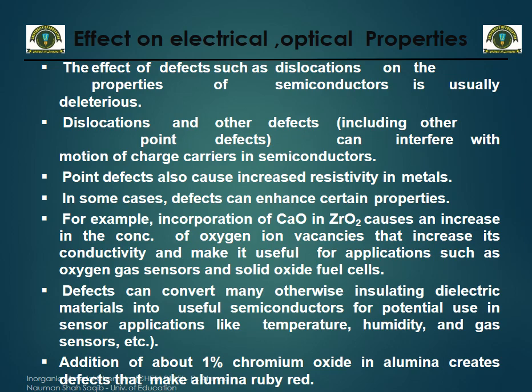Addition of about 1% chromium oxide in alumina creates defects that make alumina ruby red. Here they are giving an example that when we add 1% chromium oxide in alumina, it creates a defect which results in a color change, ruby red, as we already discussed.